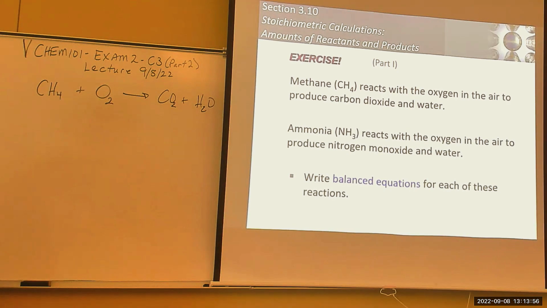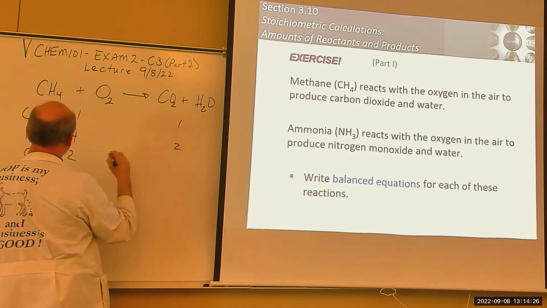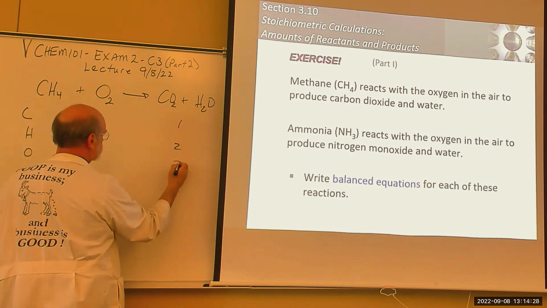Okay. So we can go through our budget and balance this. Balance it, do our budget. Okay, so we got carbon, hydrogen, and oxygen. 1 carbon, 4 hydrogens, 2 oxygens. Over here, we got 1 carbon, 2 hydrogens, and 3 oxygens.